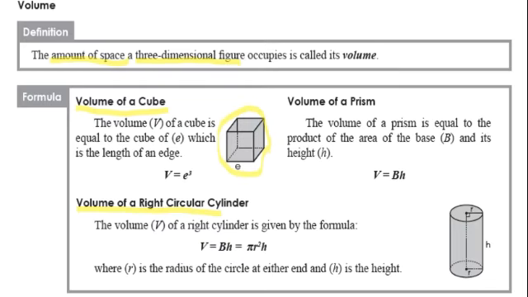Why does the volume of a circular cylinder have pi r squared times height? Because the base of the cylinder is a circle. So you understand the formulas for the volume of some solid figures. Very good.